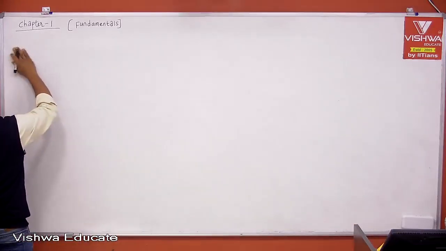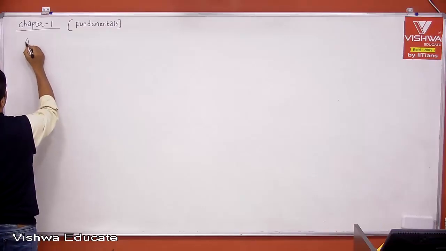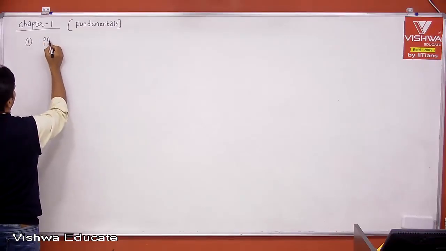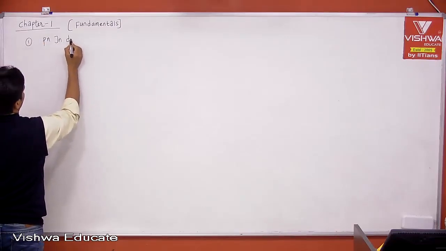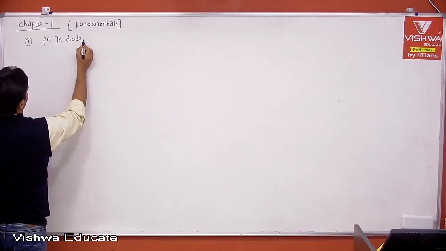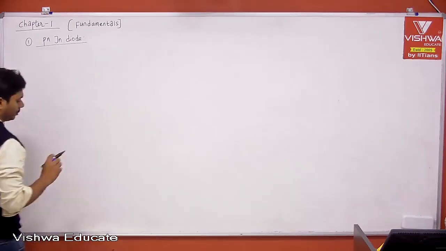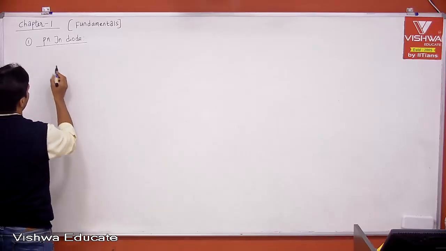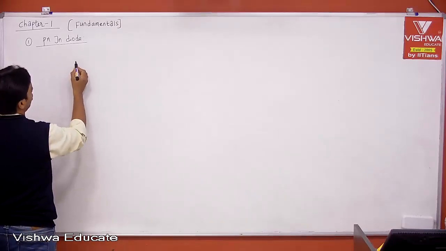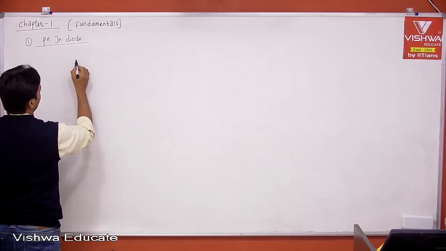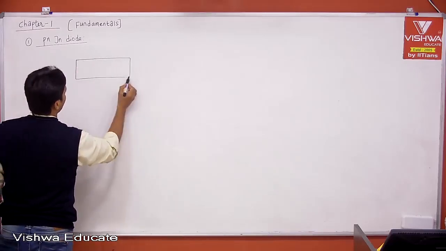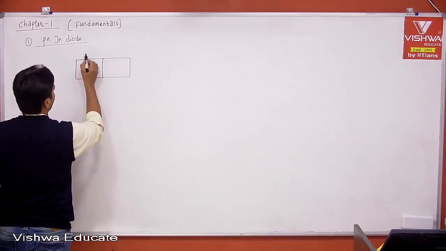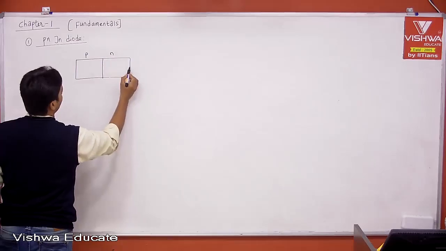Now, let me explain number one, the PN junction diode. What is the symbol of a PN junction diode? Let me take the cross-sectional view of a PN junction diode. If you take a PN junction diode, this is P-type material, this is N-type material.